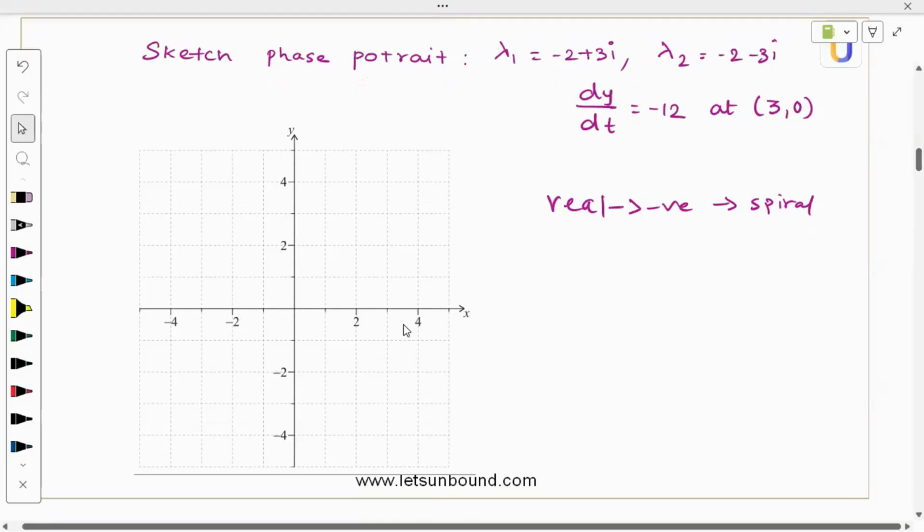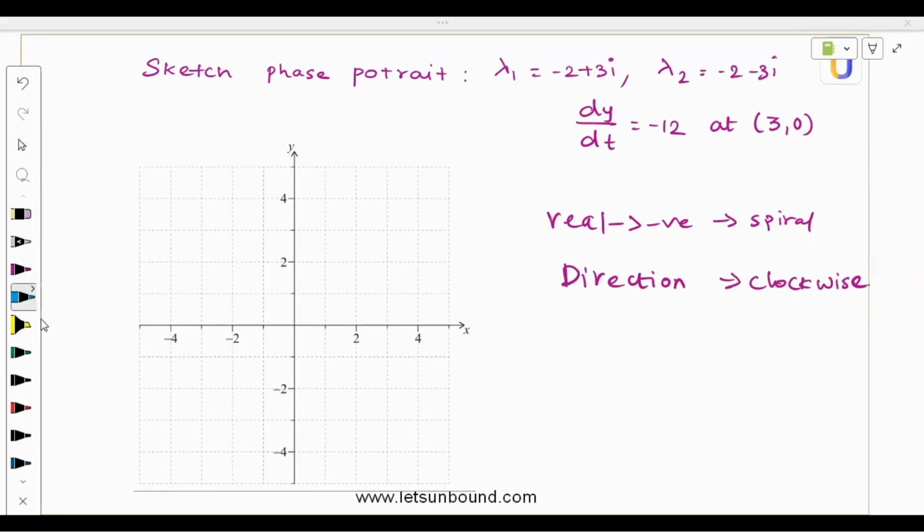Right? And these are the things we should keep in mind. The direction is clockwise. Since we have the complex and the real part is negative, it is a spiral. Okay, so how to start?